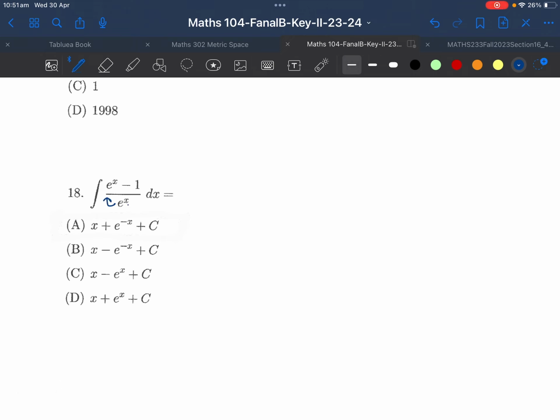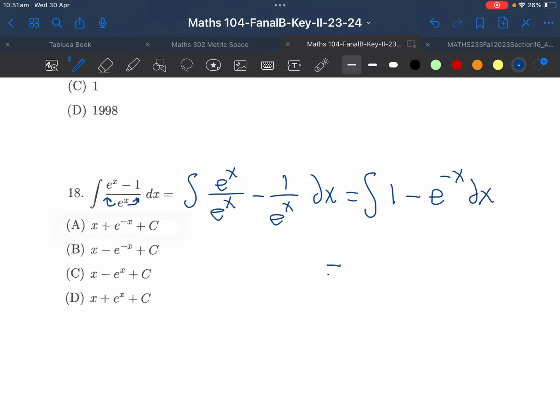Now, this question, again, we will do the idea of split the fraction. So we will get the integral of e^x over e^x minus 1 over e^x dx. The first one is 1. The second one is e to the minus x dx. How do we find the integral of 1? It is just x.